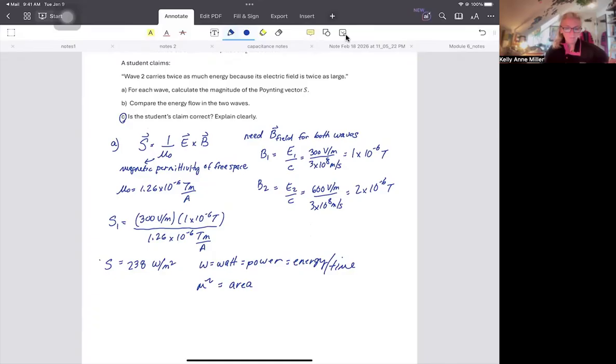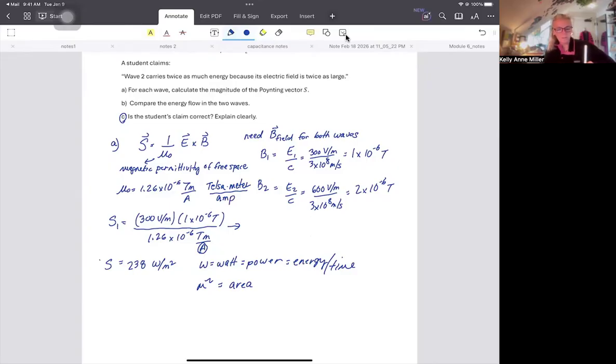If you're curious about how the units break down, let's do a dimensional analysis. That's amps, not area. The unit here is Tesla meter per amp.